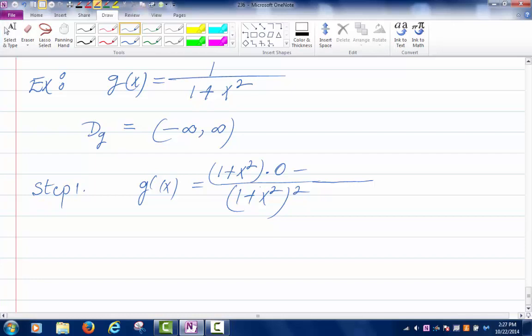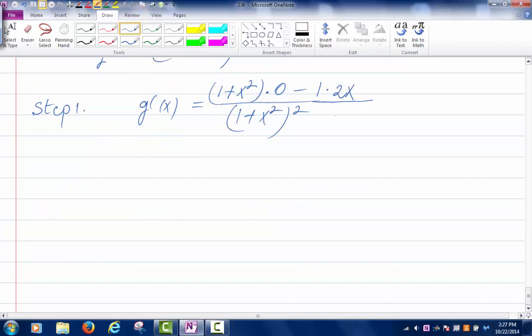I've seen in previous exams that sometimes people, instead of writing 0, they write 1. And then we will be subtracting the numerator 1 multiplied by the derivative of the denominator, and the derivative of the denominator is 2x. So what we obtain for g prime of x is negative 2x over 1 plus x squared squared.